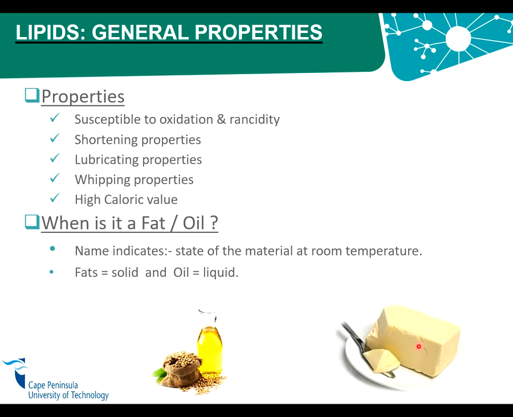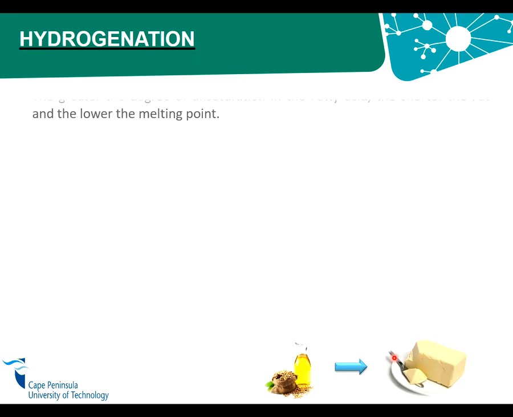While we are there, it is also important to note that the food industry, or as scientists, we can use other chemical means to convert an oil to a fat at room temperature. And how does this occur? Firstly, there is a process which is called hydrogenation.